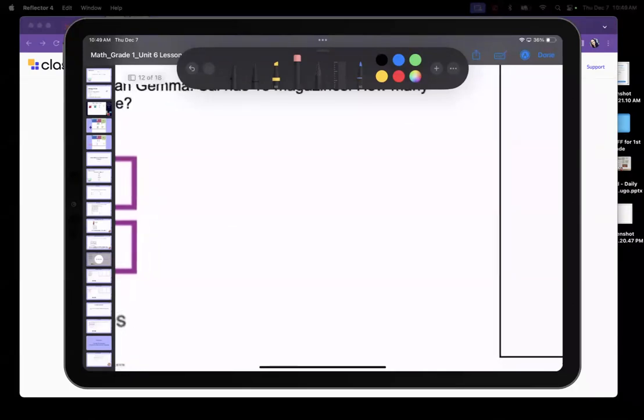Okay, let's see if we can have somebody. So Zayden, pick a number from 1 to 10. So from 1 to 10, you have to pick a number.